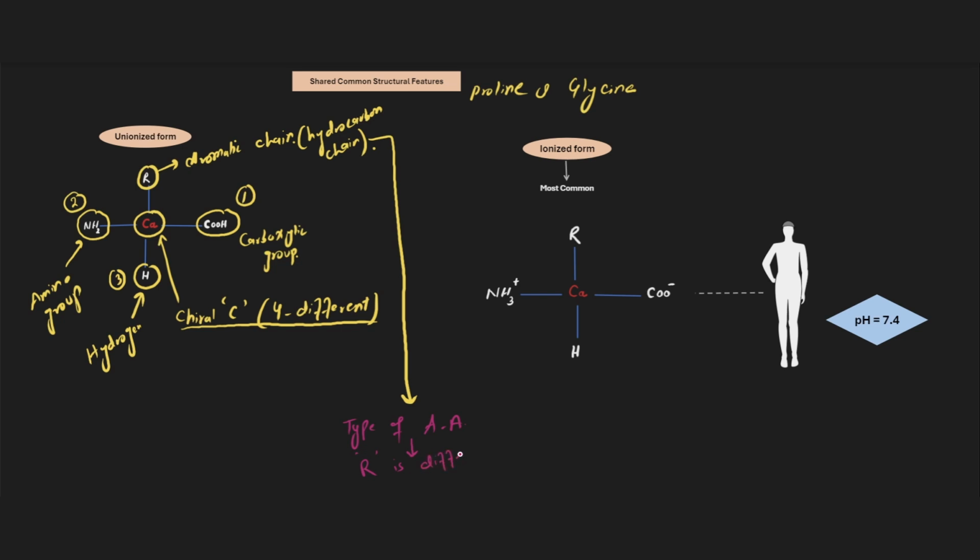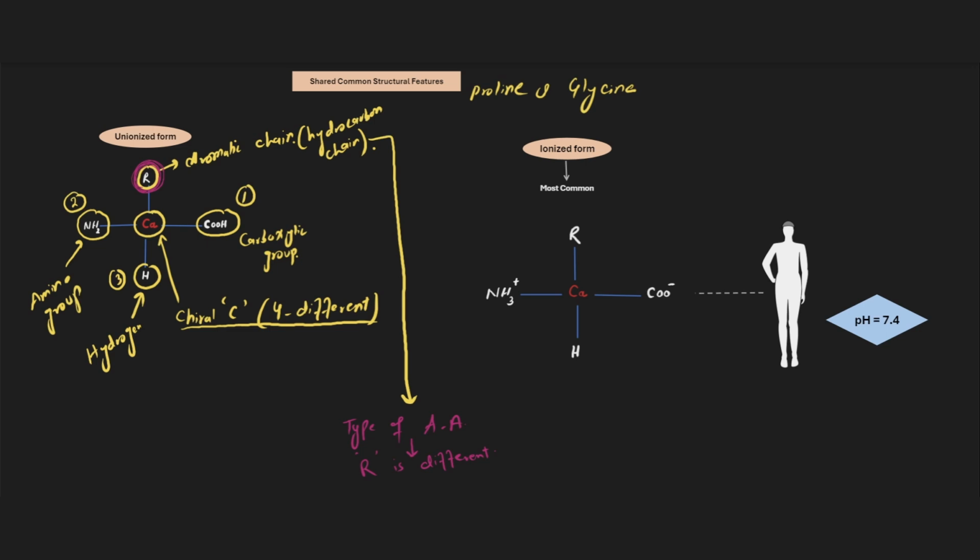So every amino acid that you will study will have a different R chain, and that is very important. Up till now, more than 500 amino acids have been discovered, and all of these 500 amino acids will have a different R chain or R group, and that's why each would be different from the other amino acids. So that is very important to consider.